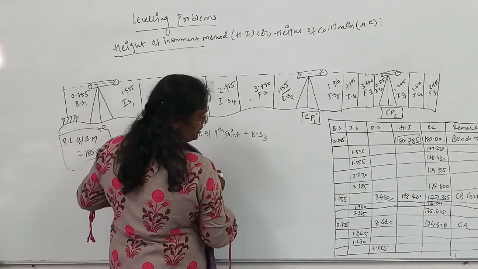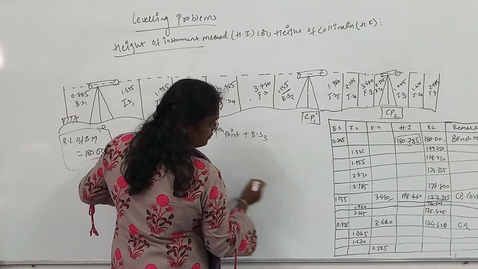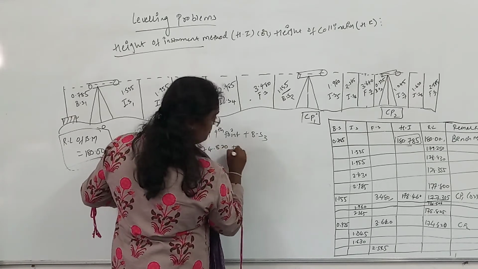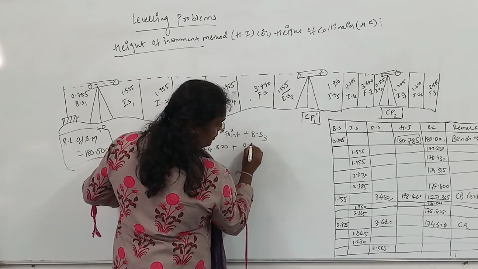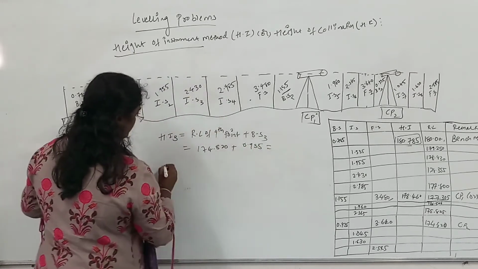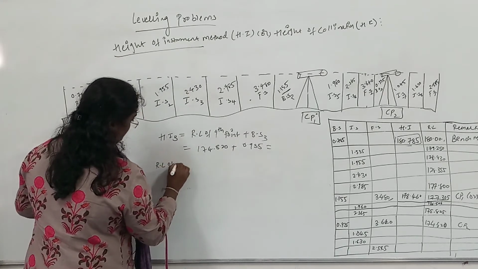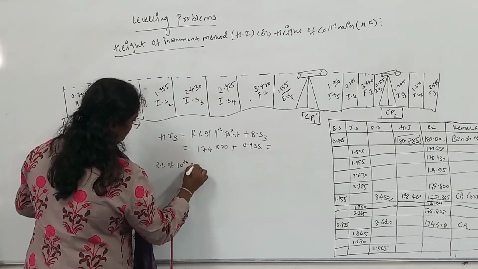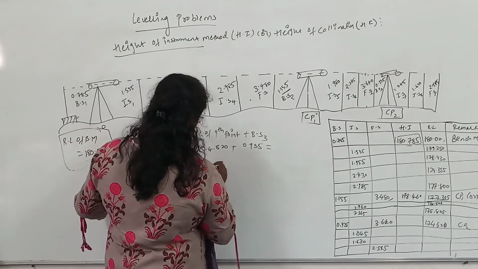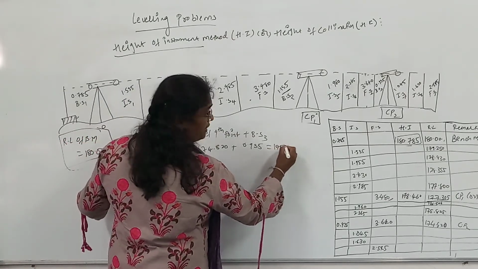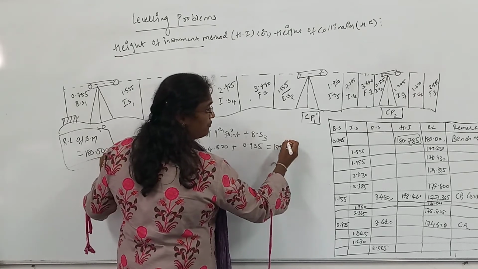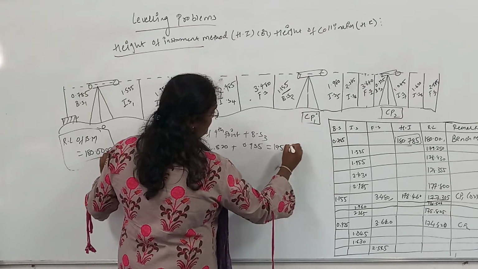RL of the 9th point is 174.820 plus 0.935. What will be the value here? 175.755.